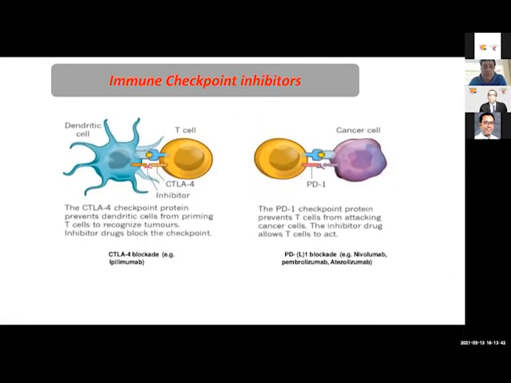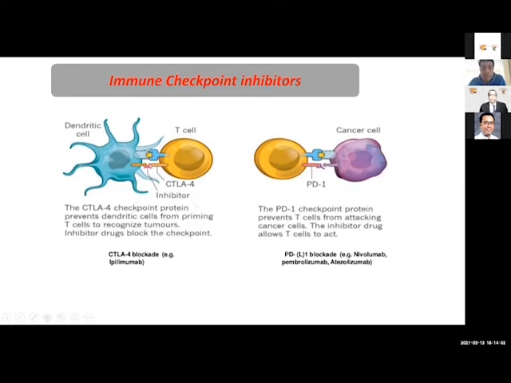So how do immune checkpoint inhibitors work? I'll not talk much about this. We all know the interaction between the overexpressed CTLA-4 on the T cells and the complementary protein on the dendritic cell. This interaction prevents dendritic cells from priming T cells to recognize tumors.